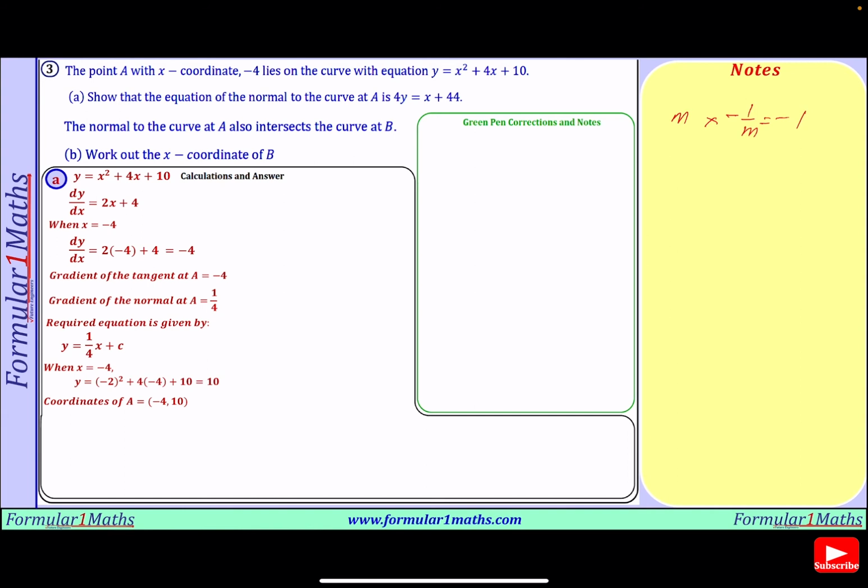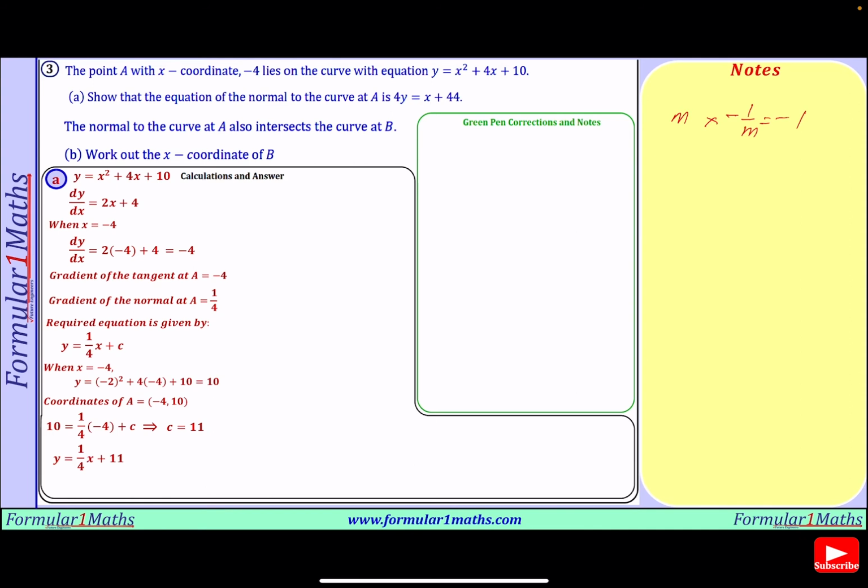We are now in a position to find the value of c by substituting -4 into x and 10 into y. So let's do that. And then we simplify that and we get c to be 11. We can now write the equation of the normal as y is equal to 1/4 x plus 11.